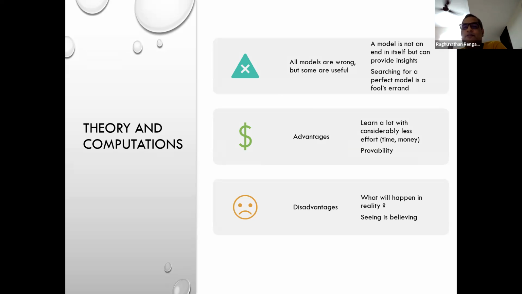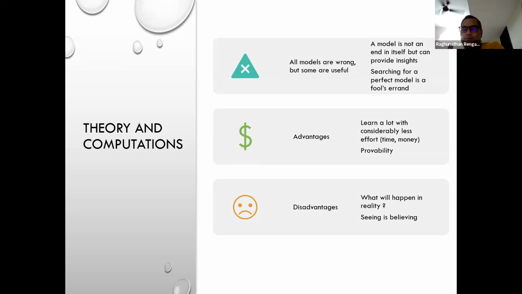All of you might have heard this very famous saying: all models are wrong, but some are useful. So we build models and try to get insights from them, and really looking for a perfect model is a fool's errand.